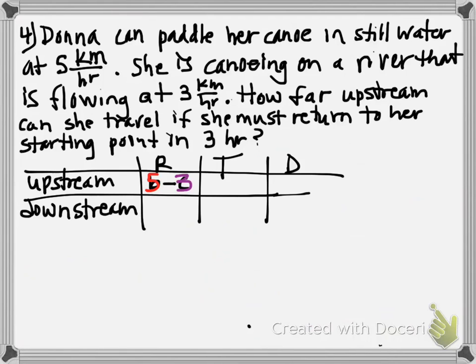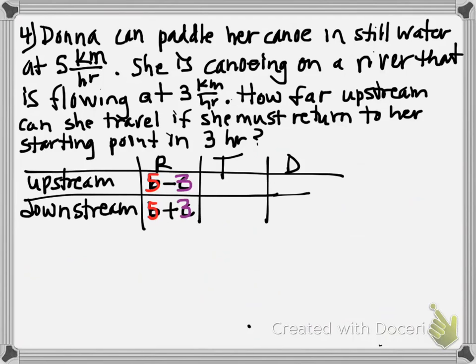So the boat in still water, canoe in this case, was going at a rate of 5 kilometers per hour, and the canoe is on a river that is flowing, so current, at 3 kilometers per hour. Now, on the other guy, downstream would be b plus c. And we're going to write 5 plus 3.